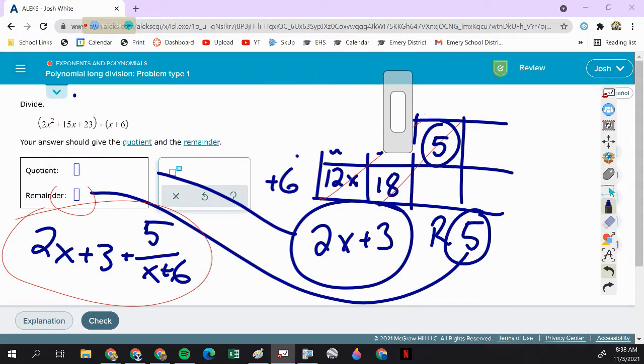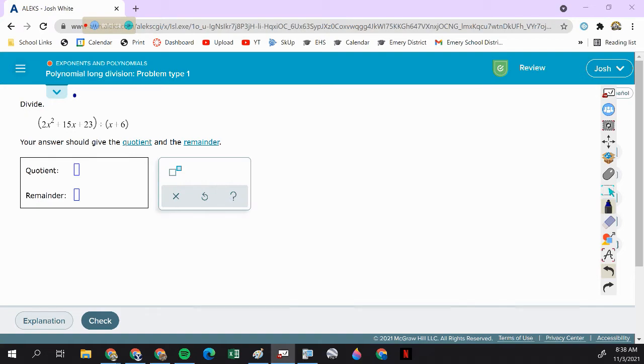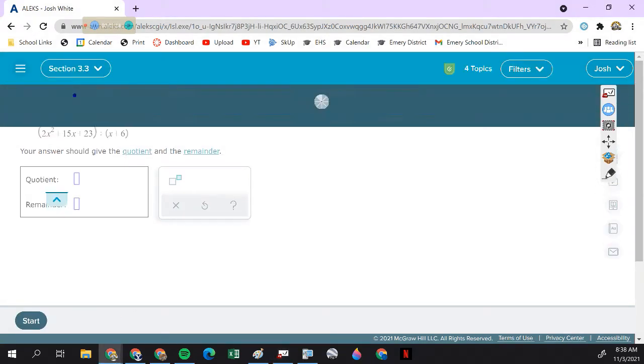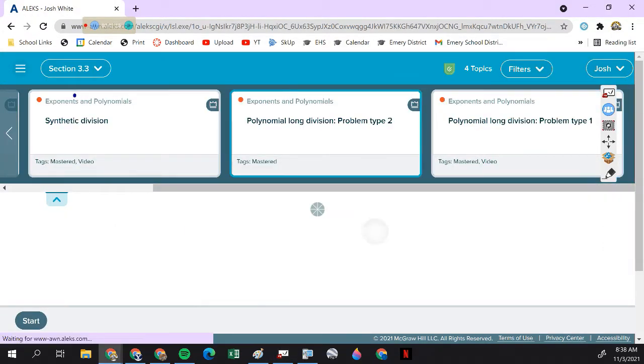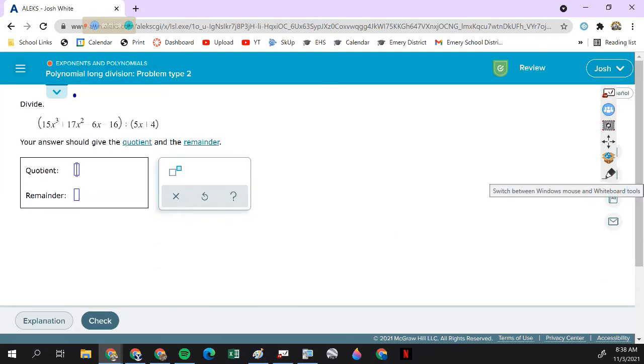Okay. All right, let's do one that's a little bit harder than that. All right. This one is bigger than a quadratic, but the process is exactly the same. We put 5x plus 4 on the left side.